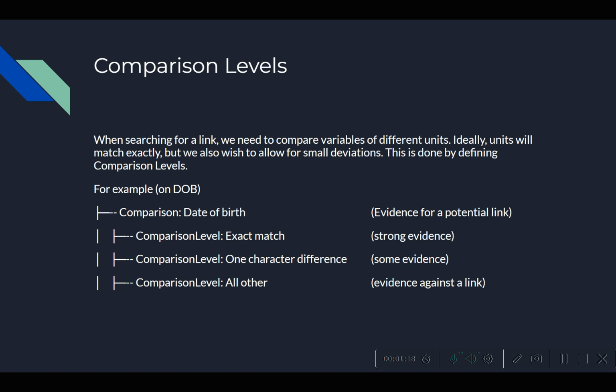So one might be on the 14th of June and one might be on the 14th of May of the same year. And that would be regarded as some evidence that there's a match. And then we would have all other comparisons, and that would be evidence against there being a link.